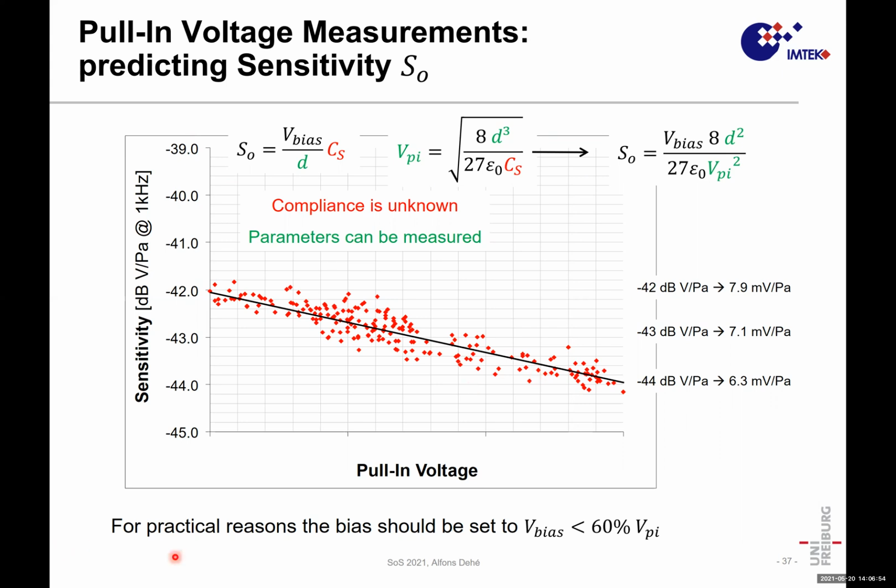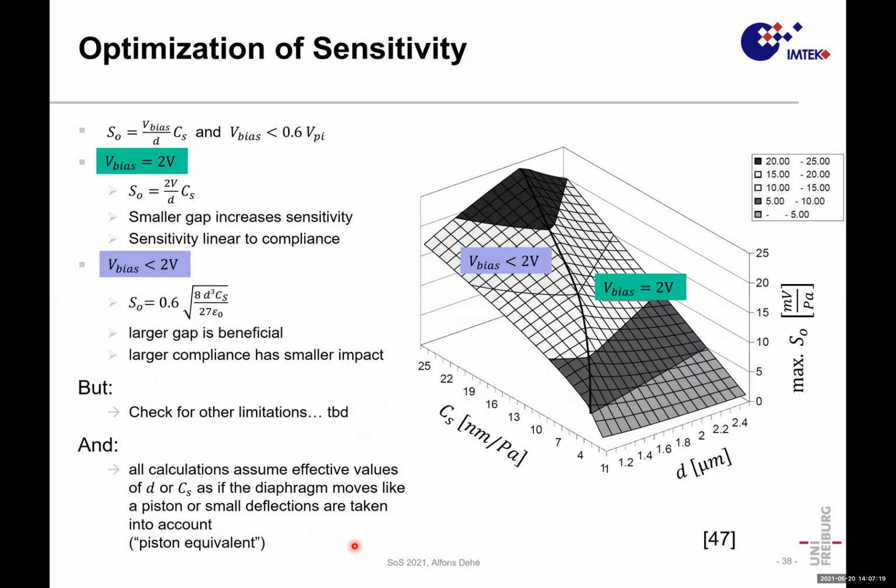And last but not least, the claim is that people use only 60% of the range of the pull-in voltage. So if you have 10 volts pull-in voltage, you set the bias maximum to 6 volts to have quite some spacing against the limitations. Since we have this limitation always in our systems, there's a lot of optimization in between.